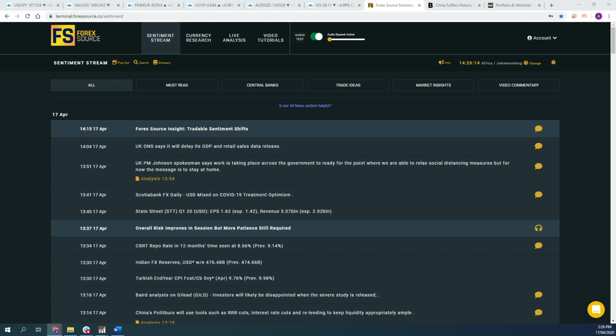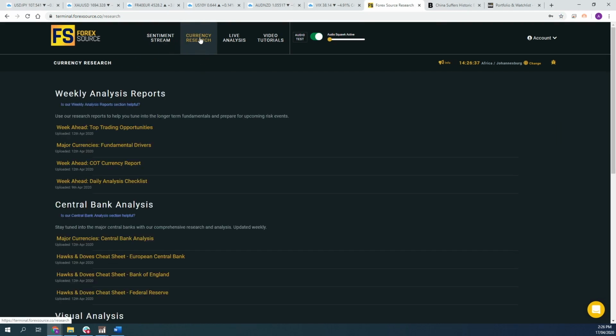Now, these are just a few of the things that can affect the short-term sentiment as well as the fundamental picture. But the good news is that we have basically done all of the heavy lifting for you already when it comes to these two different types of analysis, both in our analysis and commentary that we have in the platform. For example, from a more macro fundamental point of view, some of the reports that you can use in the currency research section is the fundamental drivers report.